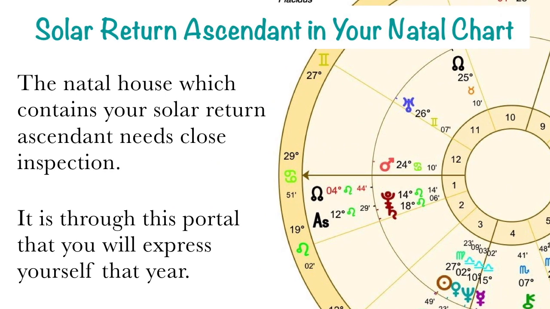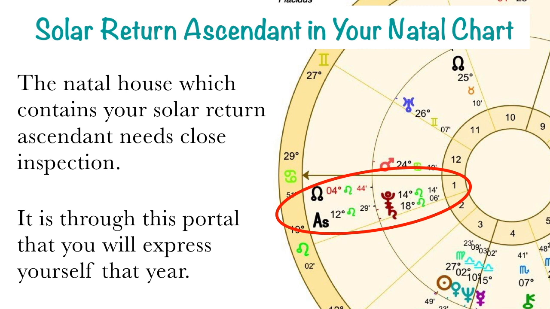Where the solar return ascendant falls in your natal chart: the natal house which contains your solar return ascendant needs close inspection. It is through this portal that you will express yourself that year. So what we have here is that his solar return ascendant appears in his natal chart in the 1st house. So that's really quite a prominent position.